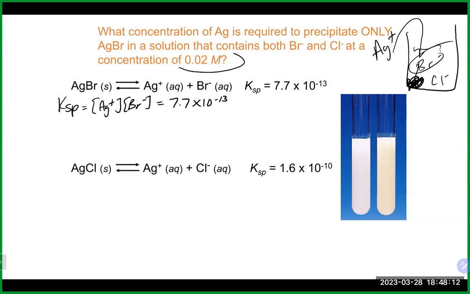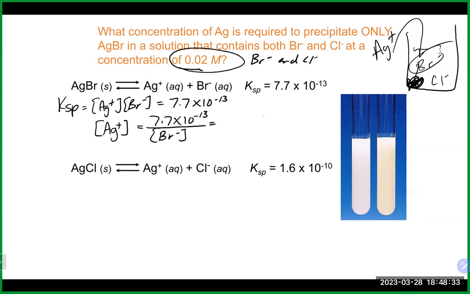We know the bromide ion and the chloride ion are in solution at that concentration. If we rearrange the Ksp expression to solve for the silver concentration, it is 7.7 times 10 to the minus 13 divided by the concentration of the bromide ion, which we have. So we can put that number in: 7.7 times 10 to the minus 13 divided by 0.02.